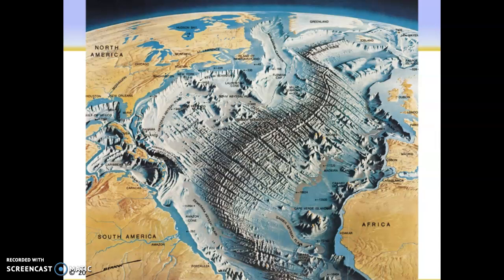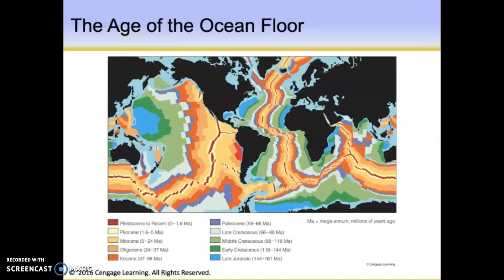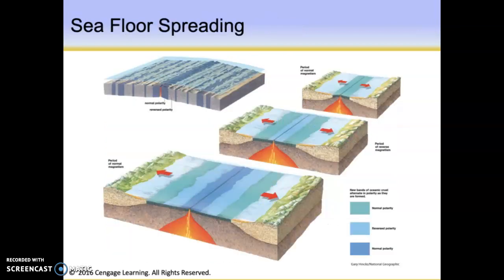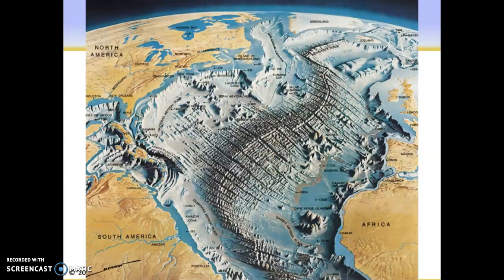And then we learn about the ocean floor, what it looks like, what the age of the ocean floor is, and we see this evidence that there's new ocean crust being created in the middle at the mid-ocean ridge, and it slowly pulls apart. So this tells us the story of North and South America pulling away from Africa and Europe. So it kind of completes that picture.